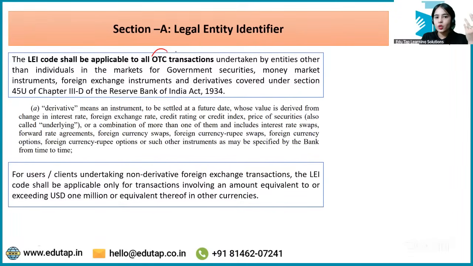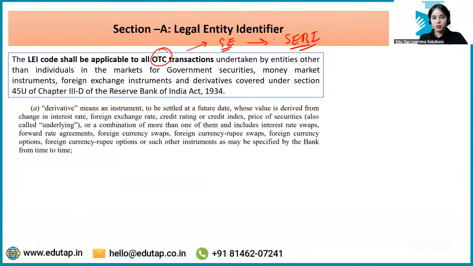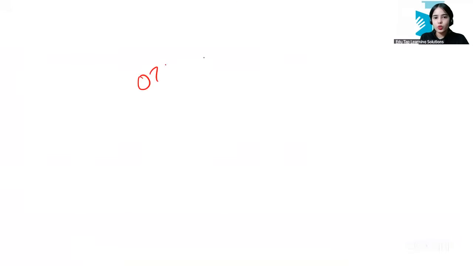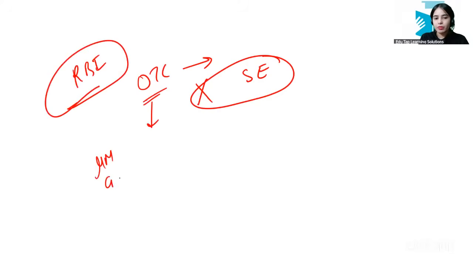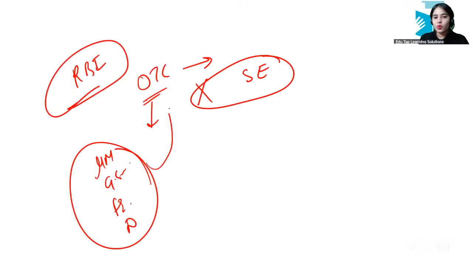If the transaction is not over the counter, that means it is happening through the stock exchange. If it is happening through the stock exchange, then it is the responsibility of SEBI, not RBI. Okay? OTC transactions are what? OTC transactions are those transactions that are not happening through the stock exchange. So all the OTC transactions that are under the regulation of the RBI, money market transactions, government securities transactions, foreign exchange transactions, derivative transactions that are over the counter, for these LEI has to be given.